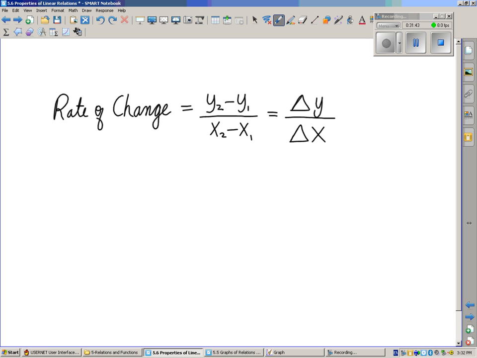Those change in values now. This still might be ringing a bell. What is it? Have you heard this before? Seen it before? I just lost what I was going to make the connection with. But slope, rise over run.